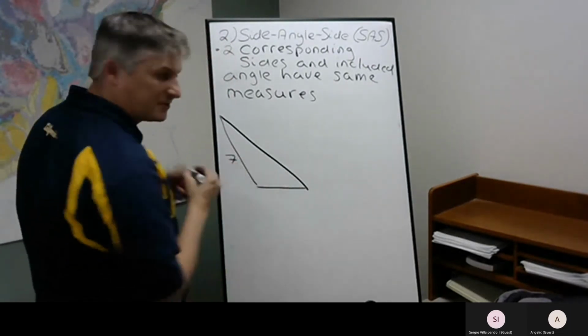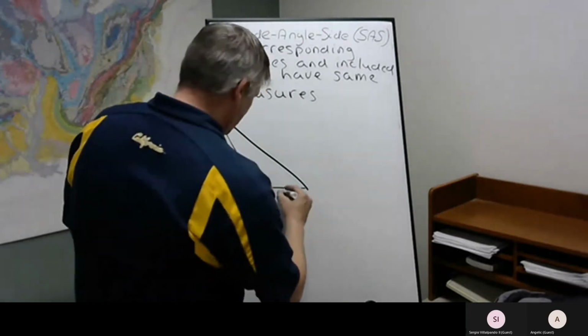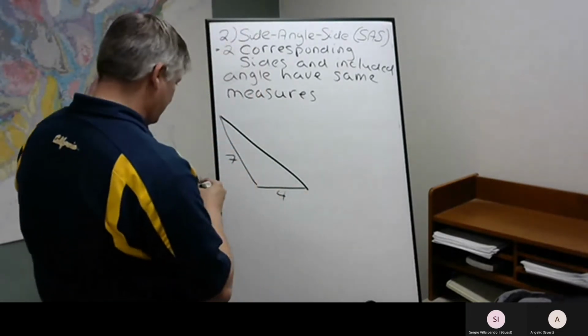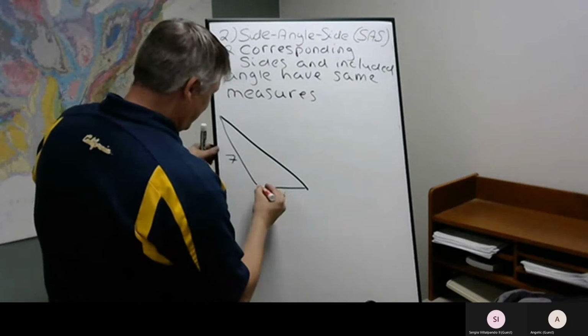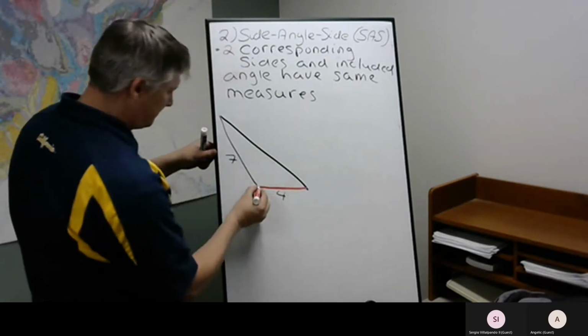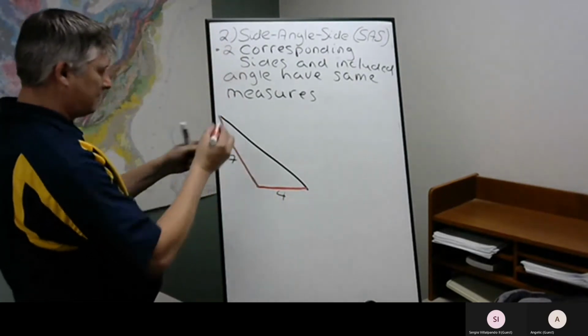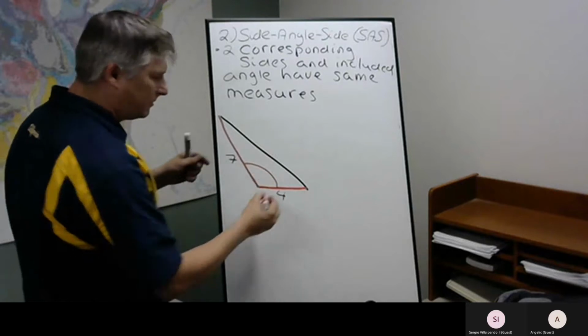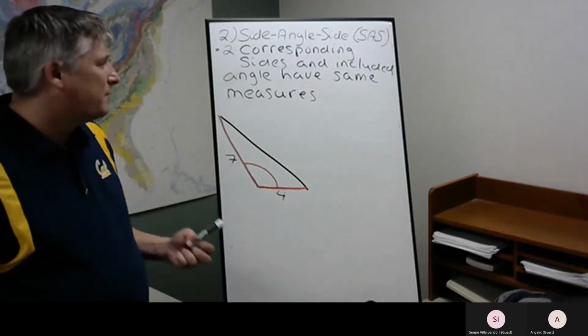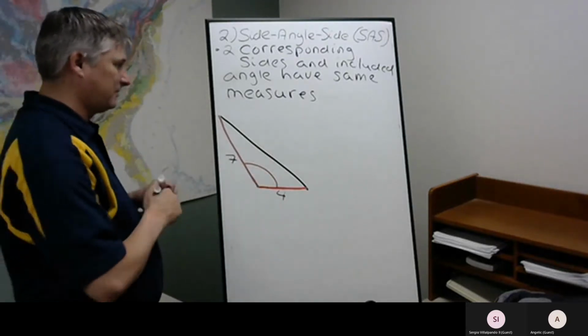So let's say I have a triangle that's 7, 4. So I'm going to highlight it like this. And there's an angle. We mean included. We mean in between.